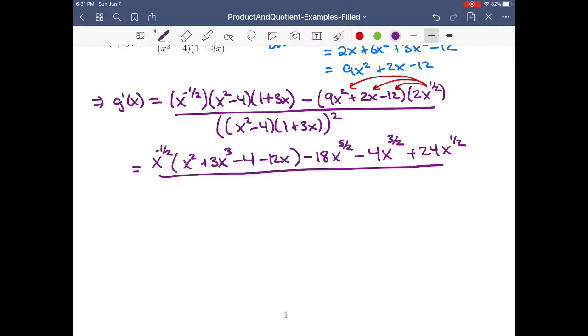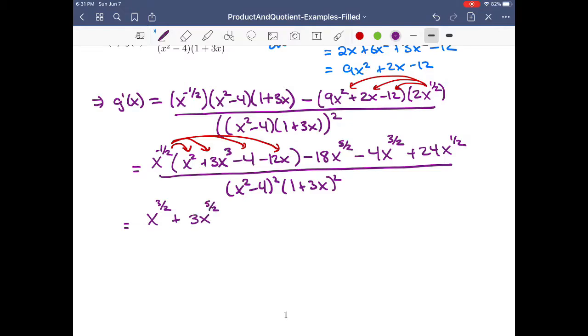All of this is over x squared minus 4 squared times 1 plus 3x squared. Now I'm going to move this one in as well. So that's x to the 3 over 2 plus 3x to the 5 over 2 minus 4x to the negative 1 over 2 minus 12x to the 1/2. And then I have all of these other ones that we already found.